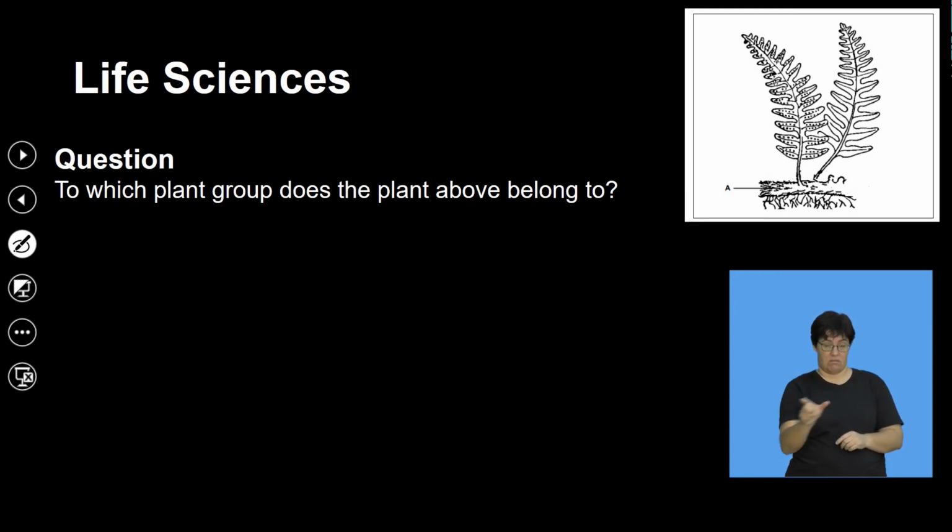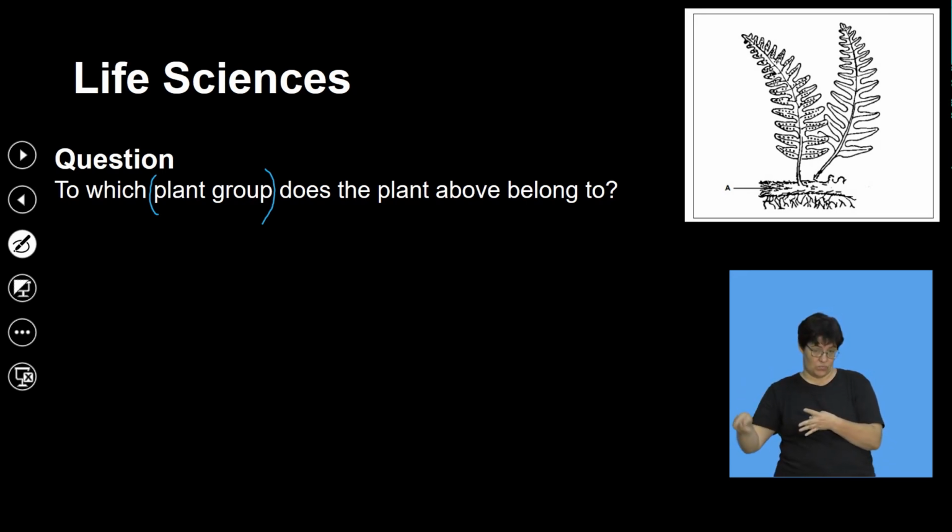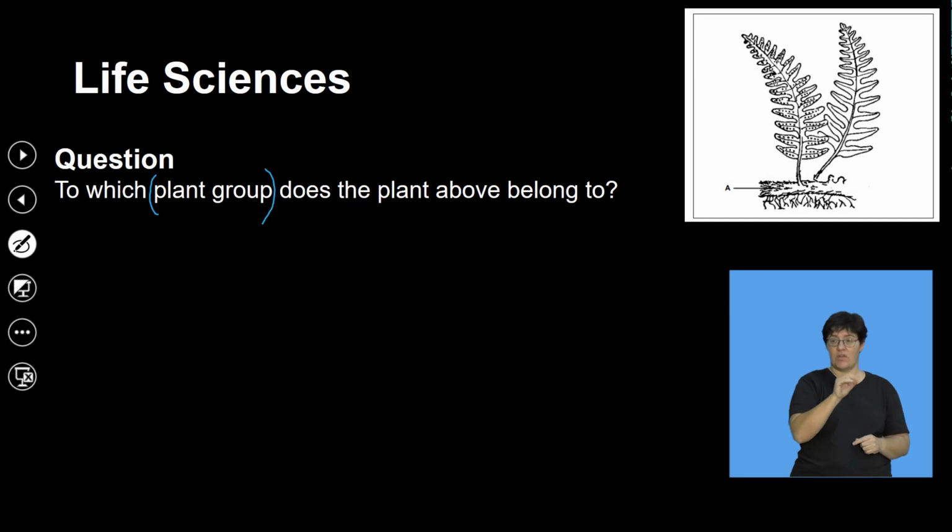So the first question is, to which plant group? Now remember, I said to you there were 4 different kinds of plant groups: the bryophyte, the pteridophyte, the gymnosperm, and the angiosperm. And this is a fern. So for the plant group, you cannot say fern. That is an example.